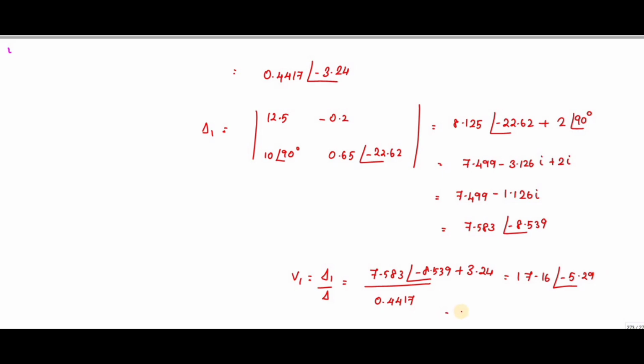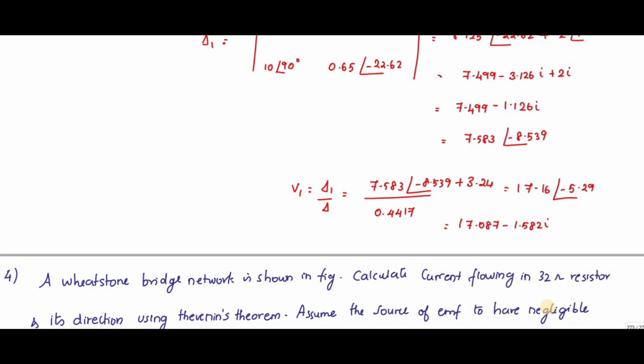You will get answer as 17.087 minus 1.582. Okay. So similar way, you have to find the value of del 2. Okay.